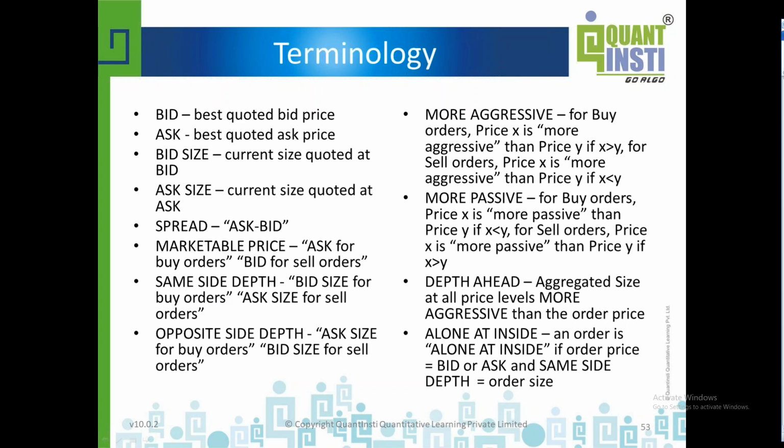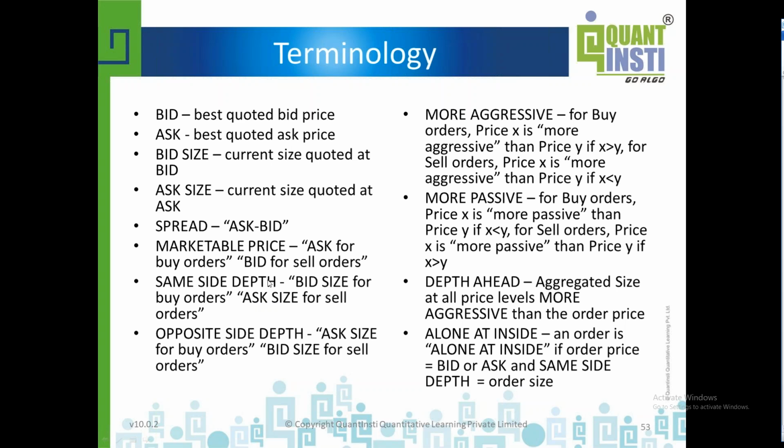Same side depth is basically the sum of bid quantities for a particular level. So for level 1, it would be all the buy orders at the best bid. Same side depth for 2 levels would be the sum of the quantities for level 1 and level 2.